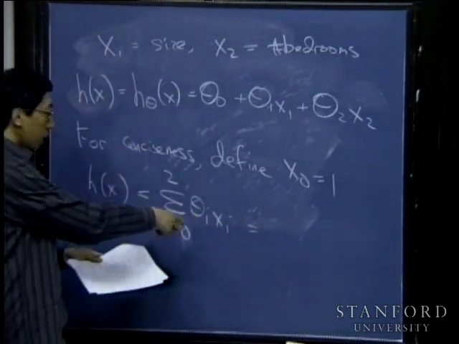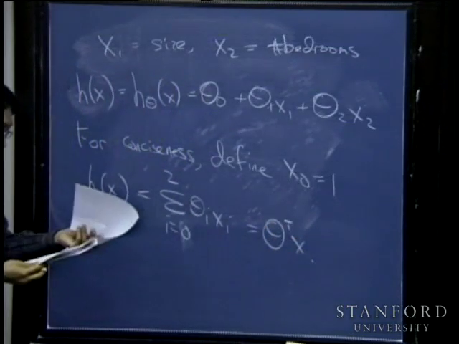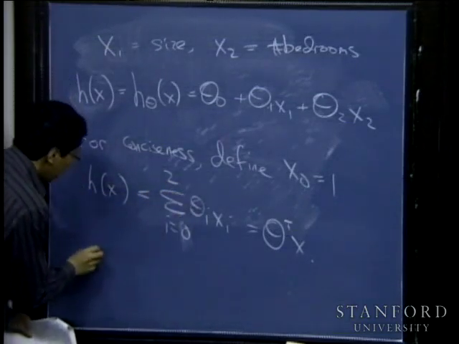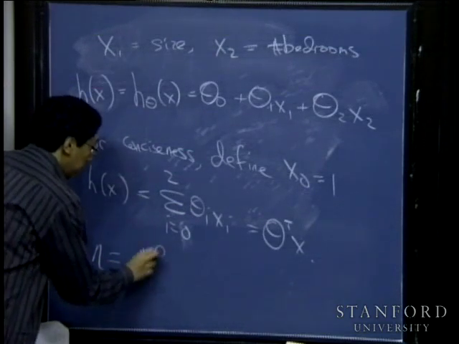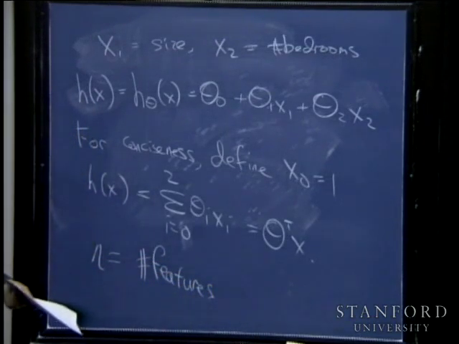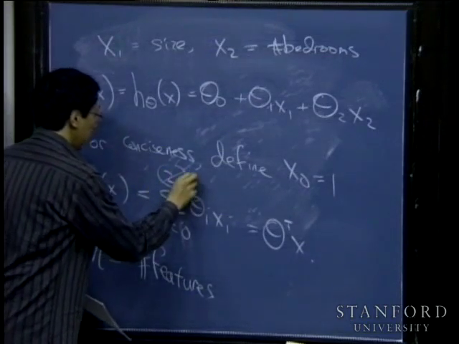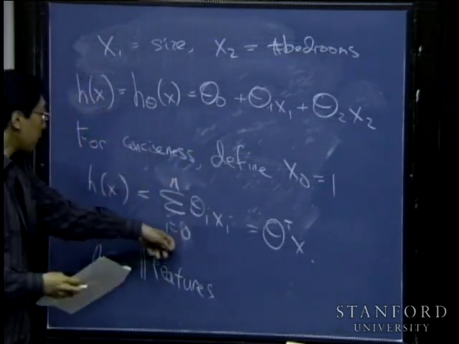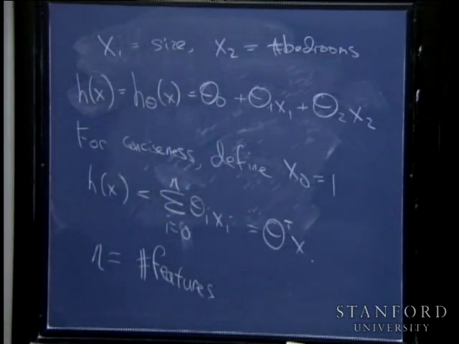If you think of theta and x as vectors, then this is just theta transpose x. And the very final piece of notation is I'm also going to let lowercase n be the number of features in my learning problem, so this actually becomes a sum from i equals 0 to n, where in this example, if you have two features, n would be equal to 2.